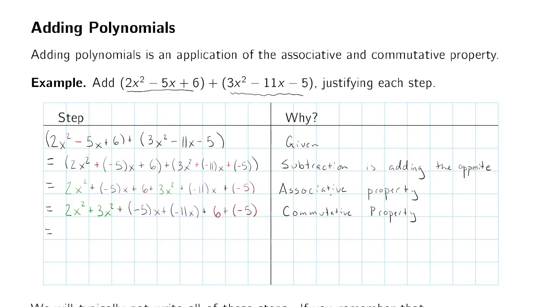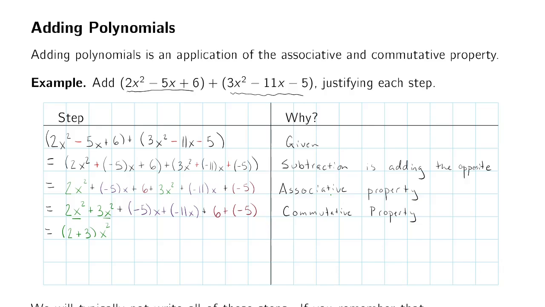And now we want to combine the like terms. And the reason that we can combine like terms is the distributive property. So notice that these two terms each have an x squared. We can apply the distributive property to say that that's the same as 2 plus 3 times x squared.